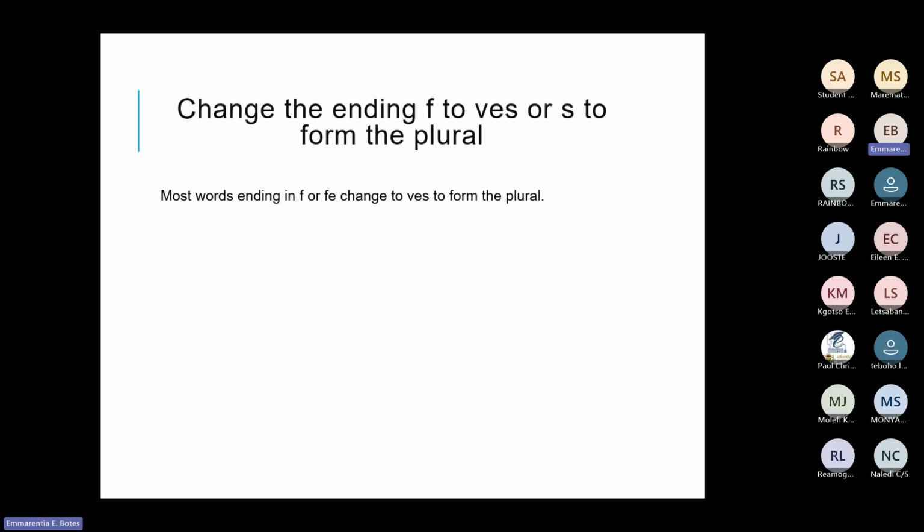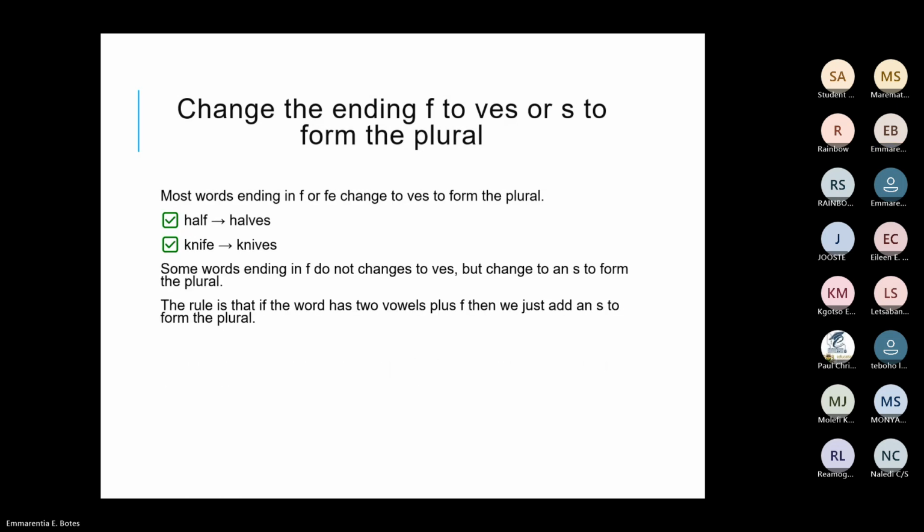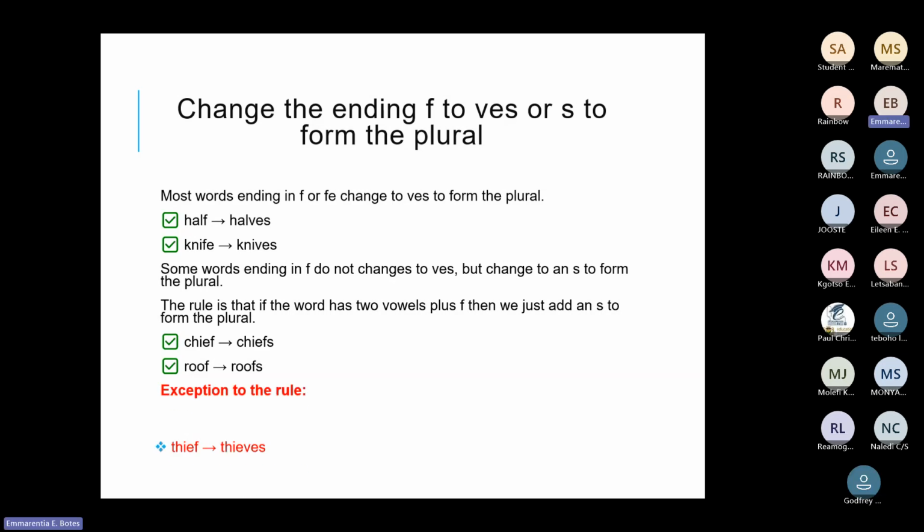And then you change the words that end in F or FE to VES. And remember about this rule, that if the word has two vowels plus F, then we just add an S to form the plural. But we have exceptions to this rule as well.